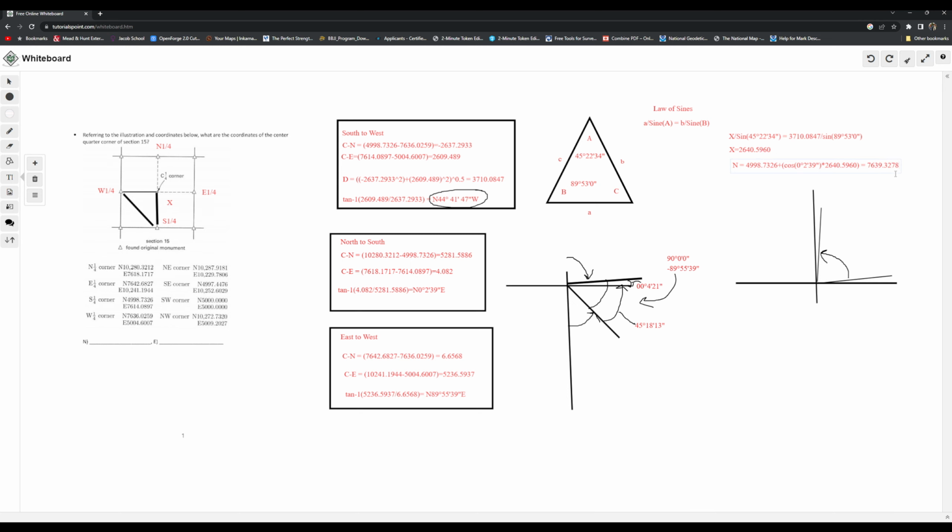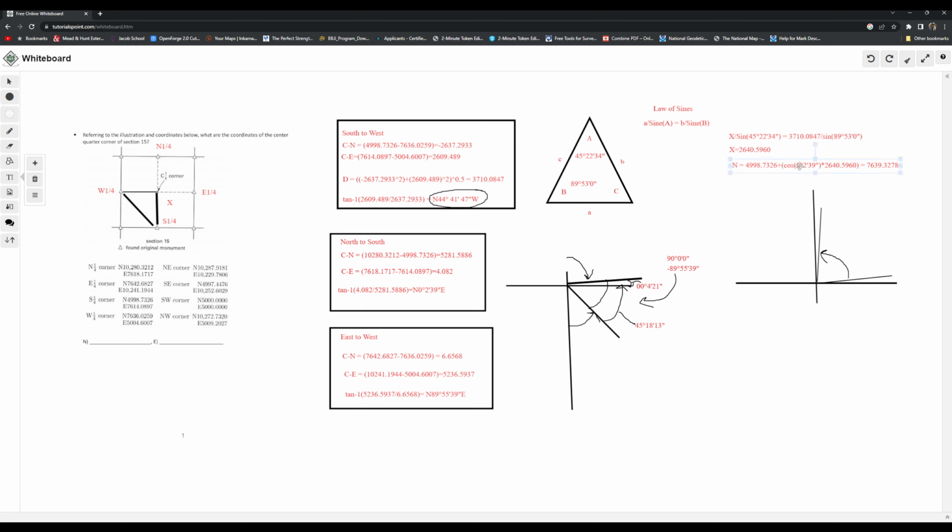7639.3278. All right, so let's think about this. We know the northing for the north quarter corner is 10280.3212, and the south corner is 4998.7326. So obviously we can tell that that is in between.